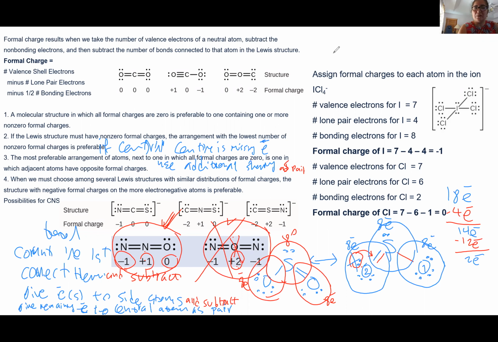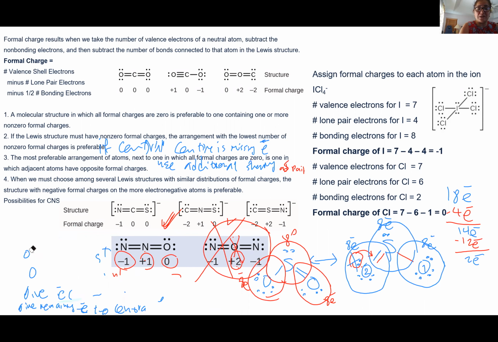Now, how do we calculate formal charges? The steps are given here. It's basically the difference between the number of electrons that belong to the atom in this molecule compared to the atom sitting in the periodic table.